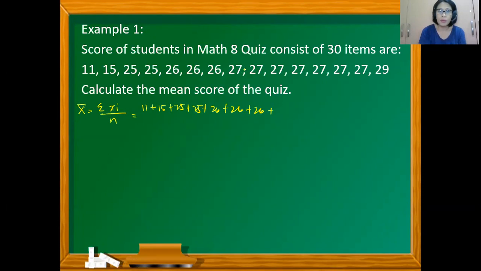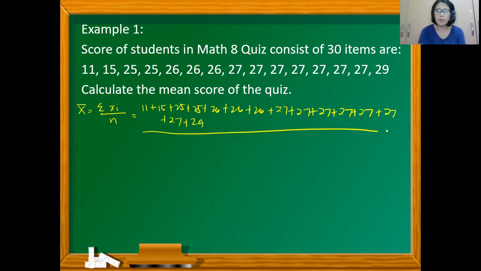How many 27s? 1, 2, 3, 4, 5, 6, 7, 2, 3, 4, 5, 6, 7 plus 29. And then the sum will be divided by 15.